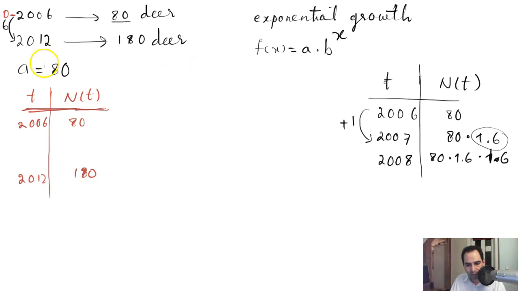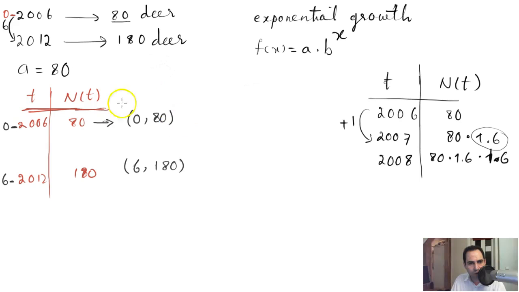So I can take 2006 as year 0, and then take 2012 as 6 years after 2006. Then I have 2 points on the graph of this function: one is t is 0 and n of t is 80, and the other is t equal to 6 and n of t equal to 180.